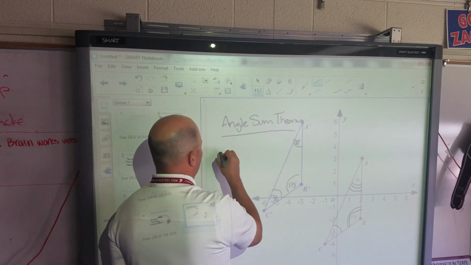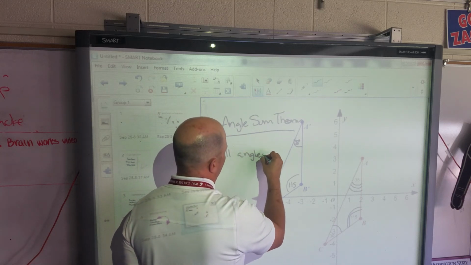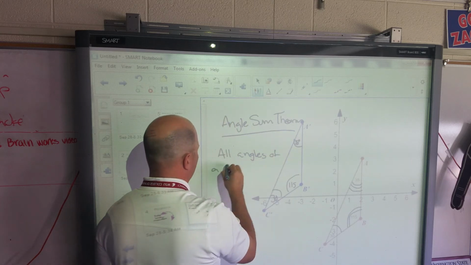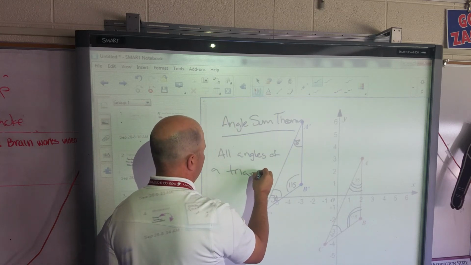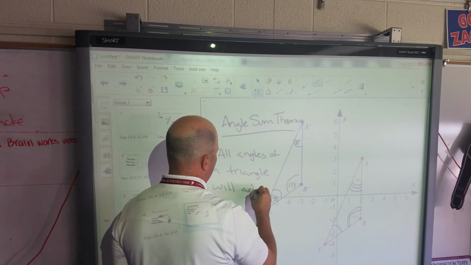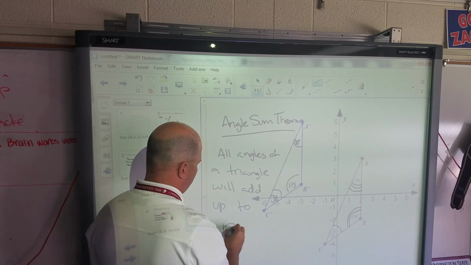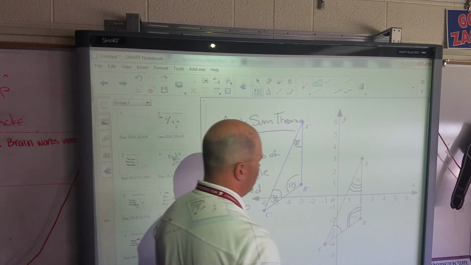It says all angles of a triangle will add up to 180 degrees. Okay?